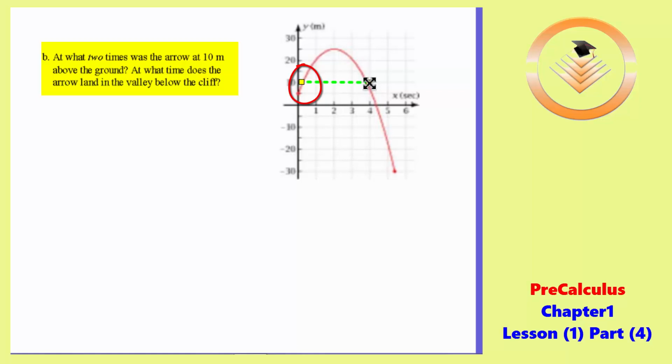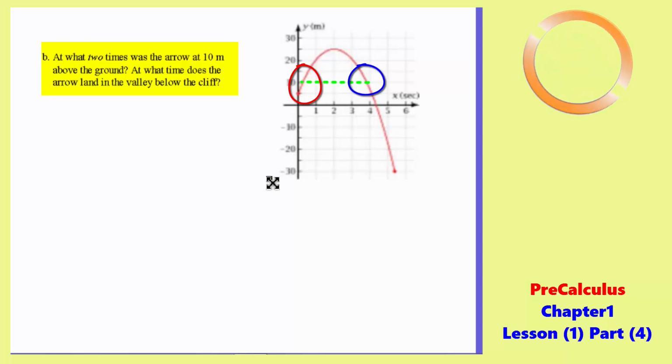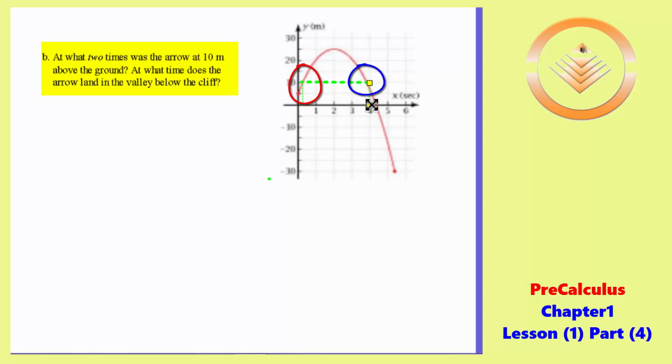Now, as you can see, there are 2 times there. We have this part here, and we have another part which is approximately 4 seconds. So at what 2 times was the arrow at 10 meters above the ground?